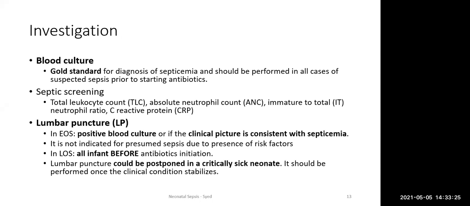So usually for early onset sepsis, we will do blood culture. That's it. It's very rare for a baby to get sepsis from UTI at an early age. In the first 72 hours of life, it's very rare to get UTI, and it's also very rare to get meningitis. So for early onset sepsis, you only take blood culture unless you have a high degree of suspicion.